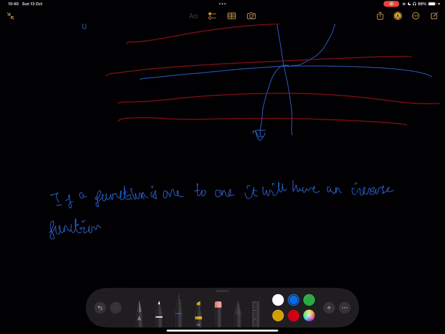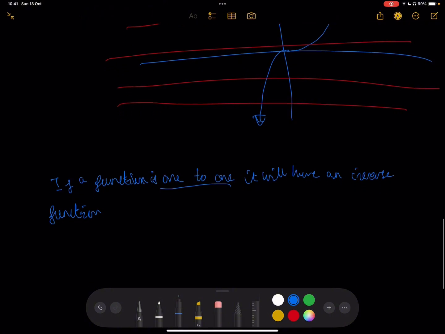It's incredibly important to say that if it is one-to-one, meaning one x value has one y value and they don't have any other y or x values, then it will have an inverse function, which we can denote as f to the minus 1.